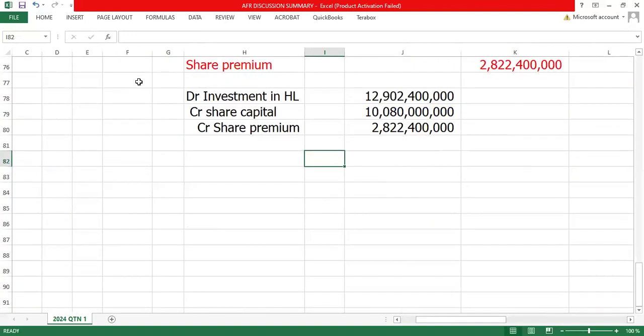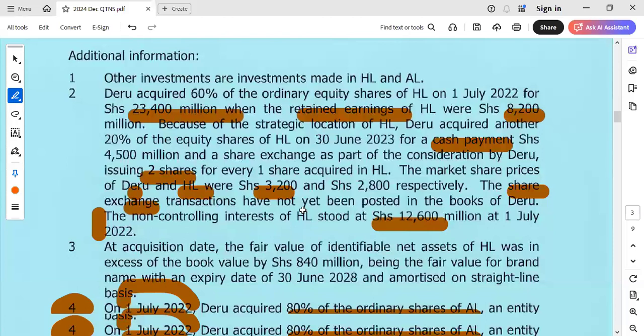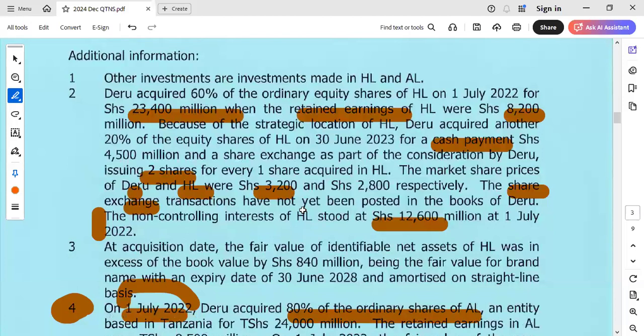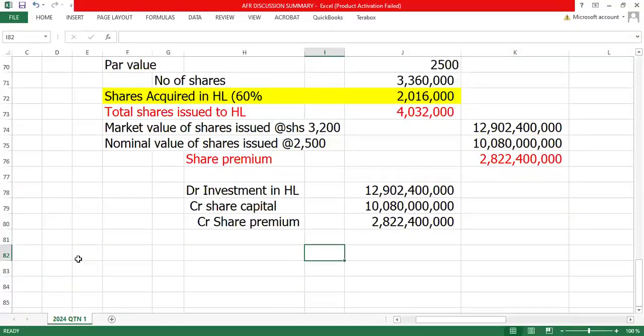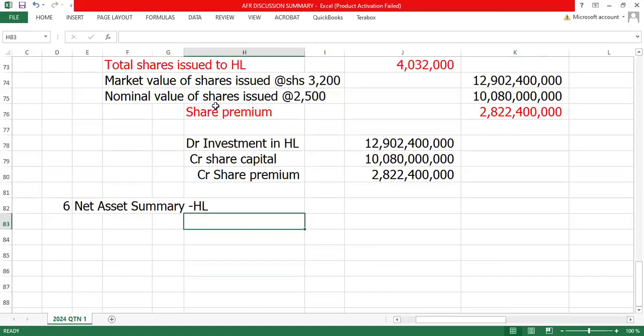And then next note. Still on this note, now we need to look at the net asset summary, number 6, the net asset summary of HL, because we cannot get a goodwill when we don't have net assets at acquisition.